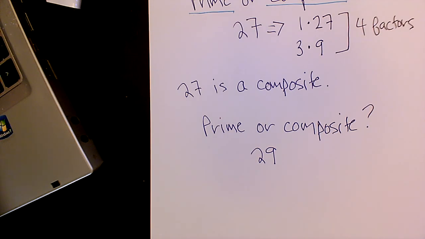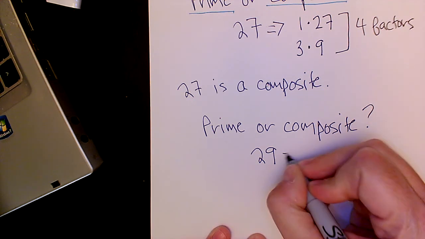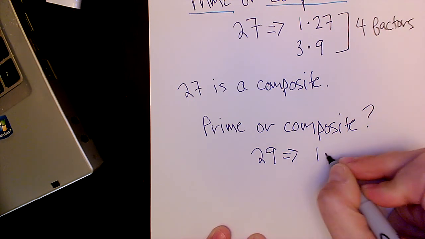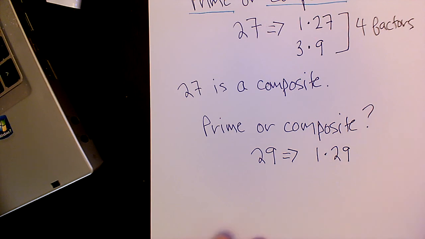Is 29 a prime or composite? We know 1 times 29 is 29, so 1 and 29 are factors. But think about, can 2 go into 29, or 3, or 4, or 5, or 6, or 7, or 8?